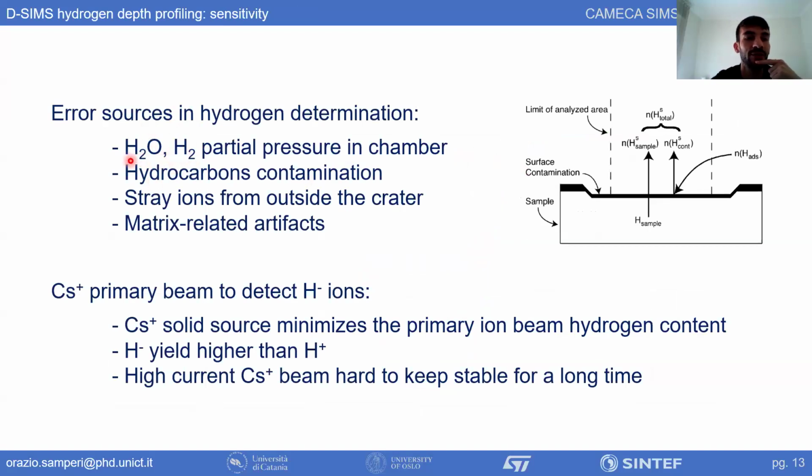If to this you also add the contamination of the surface, like hydrocarbons coming simply from dirt or from absorption from the atmosphere, and if you also consider other matrix related effects, you have that hydrogen is the species with the highest level of background.